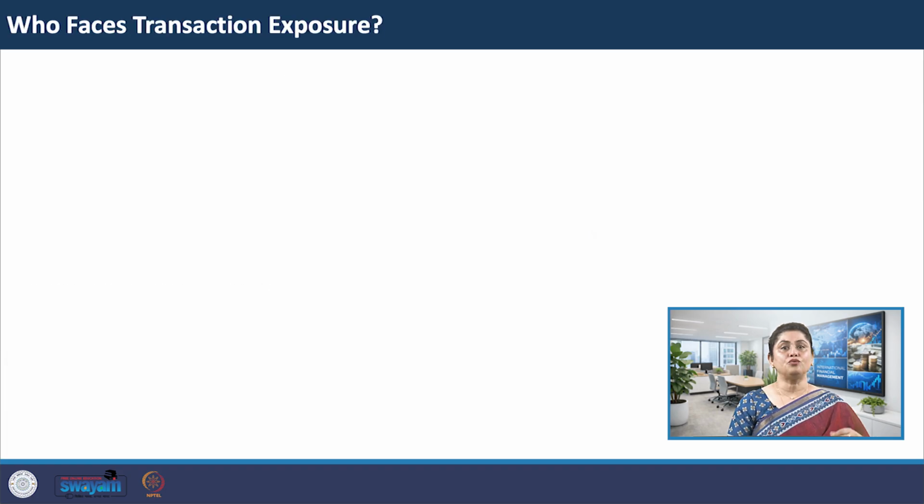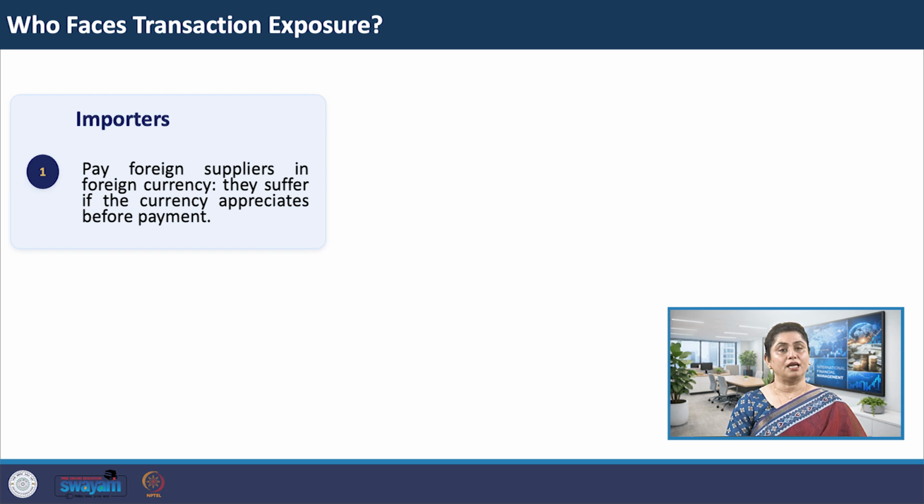Let's think about who all faces this risk in the real world. Many different types of firms face transaction exposure. First, importers buy goods from foreign suppliers and usually have to make payment in foreign currency. If the foreign currency appreciates before the payment is made, the importer suffers.